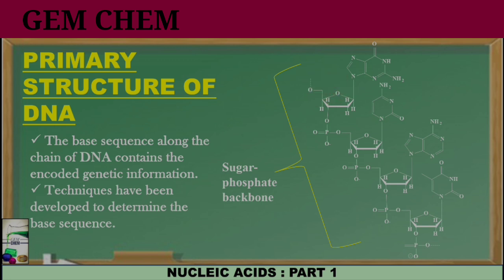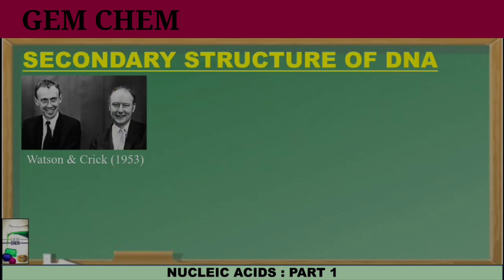So the base sequence helps us to encode different genetic information, and techniques have been developed to determine the base sequences, and those base sequences have already been worked out for a number of nucleic acids. Now our main concern is the secondary structure of DNA.